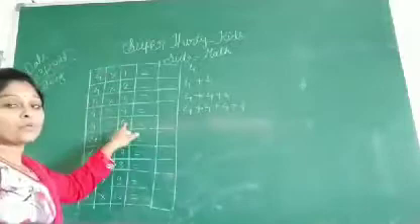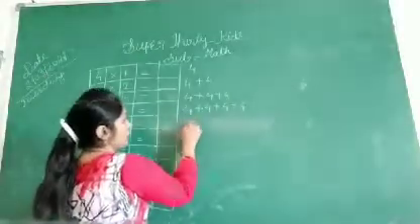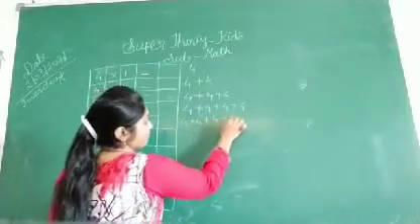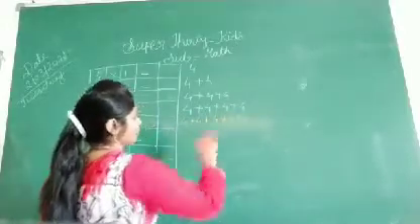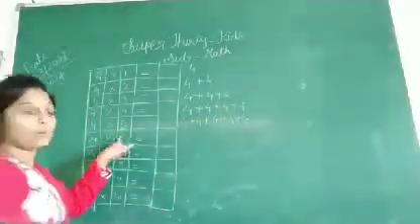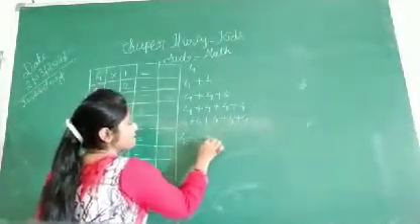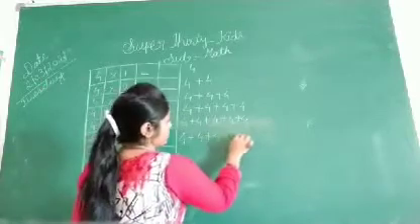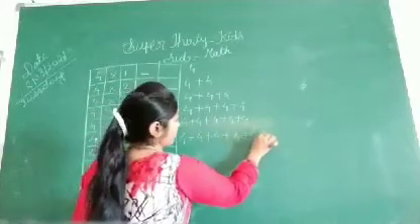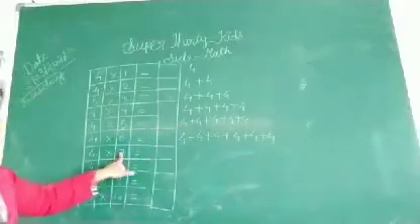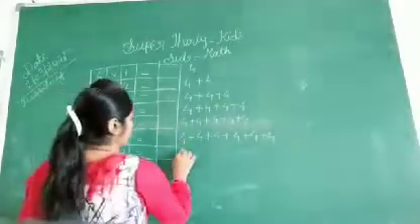Here is a 5, so we add 5 times 4. It is 6 number, so again we add 6 times 4.